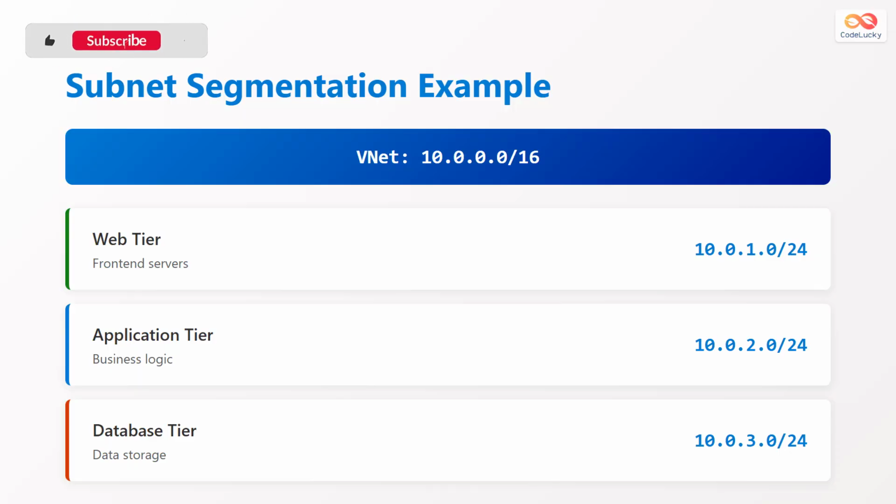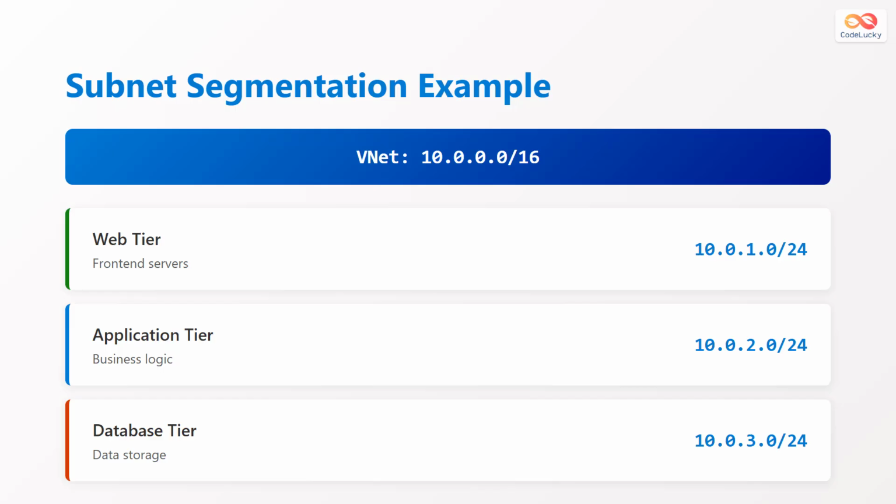Here's a practical example of subnet segmentation within a VNet using the address space 10.0.0.0/16. We can divide this into three tiers. The web tier uses 10.0.1.0/24 for front-end servers that handle user requests. The application tier uses 10.0.2.0/24 for business logic and application processing.